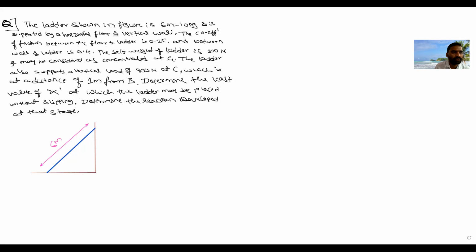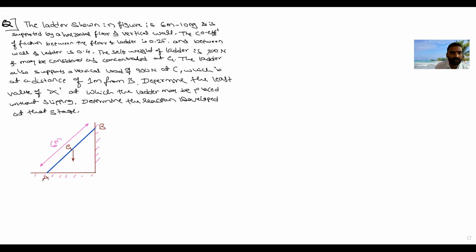He has given a vertical wall which is rough, and also a floor which is rough. He has given point A and point B. This is point A at the floor and point B at the wall, and the self weight is acting at the center of the ladder, which he has named point G.